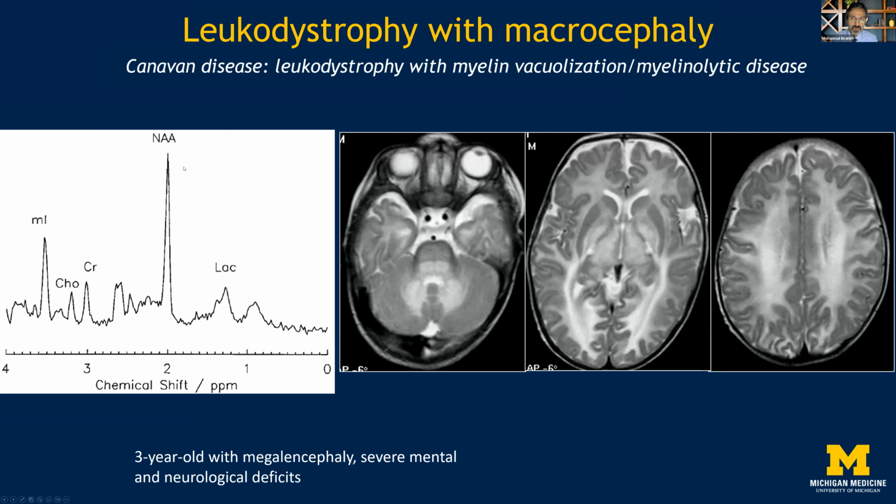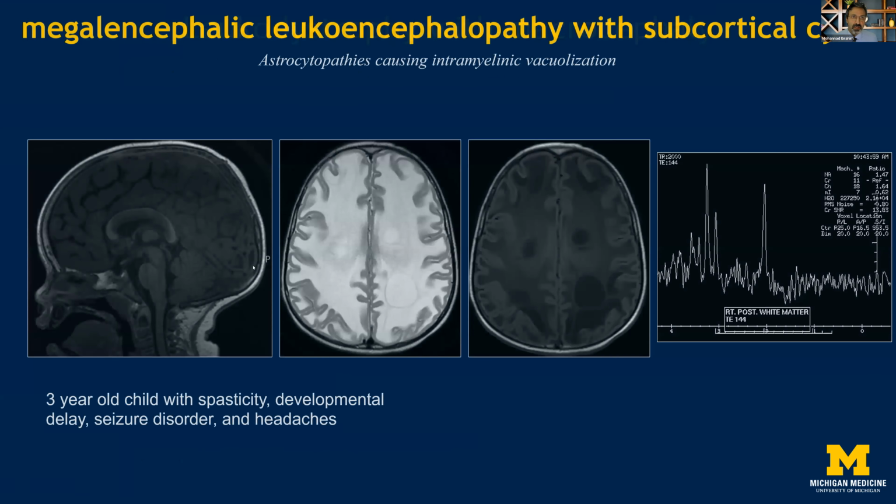This is a leukodystrophy where there's failure of metabolizing NAA, resulting in excessive accumulation of NAA, which will result in a vacuolating injury to the cerebral white matter. NAA is markedly elevated compared to the choline and creatine, as you can see at 3 and 3.2 parts per million.